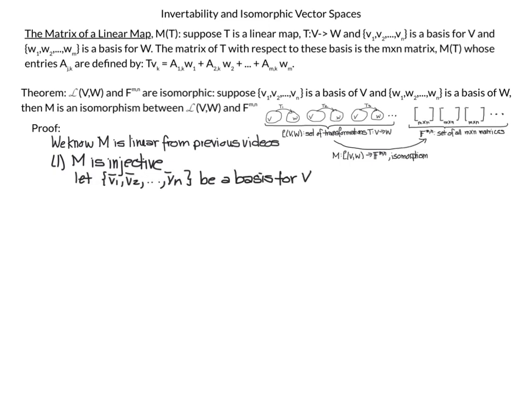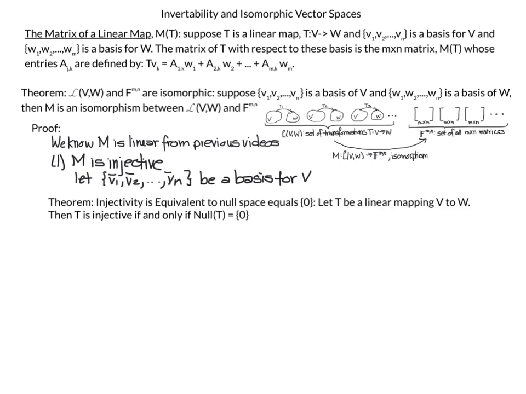So we're going to let V1, V2 up to Vn be a basis for V, and we're going to try to prove injectivity by showing the null space equals 0.